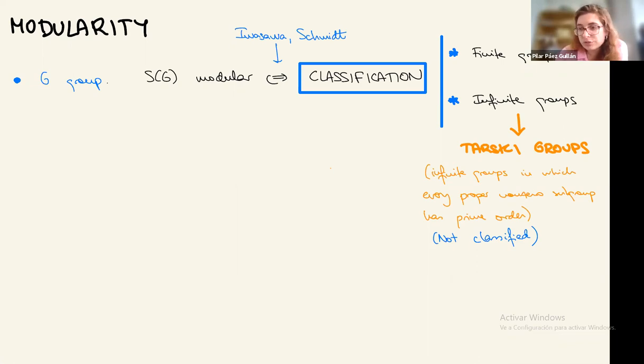We know that these groups exist, but they are not completely classified. So the groups with modular lattice of subgroups are classified up to this classification of Tarski groups.